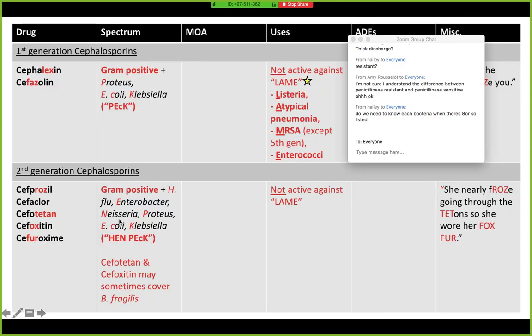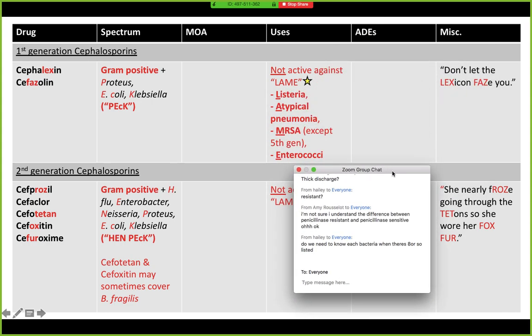If you're going to know a list, these are the ones I know, and I think these mnemonics help a lot. For your first generation cephalosporins, another thing she likes to do is put two drugs from the same class as an answer choice.